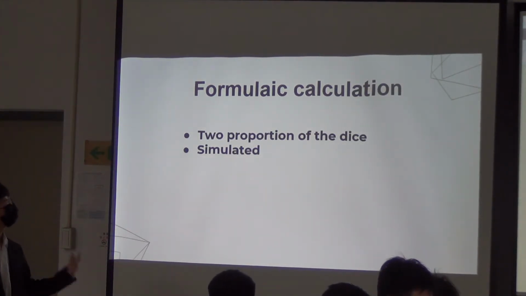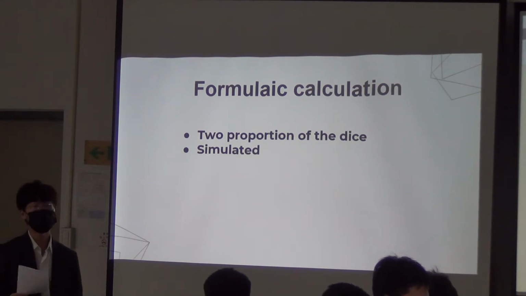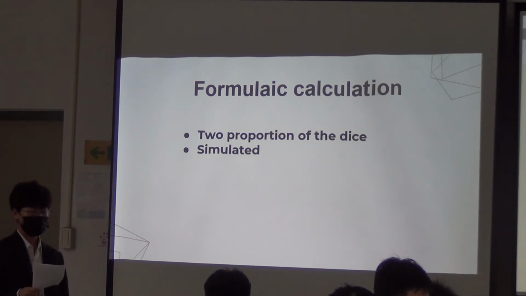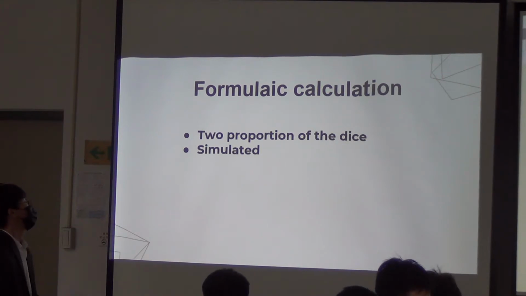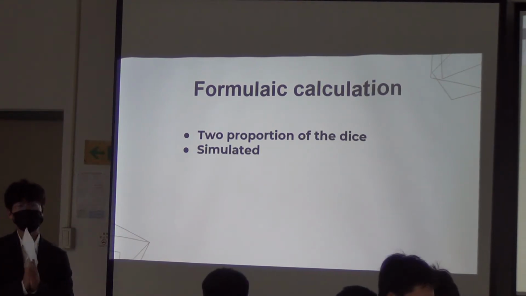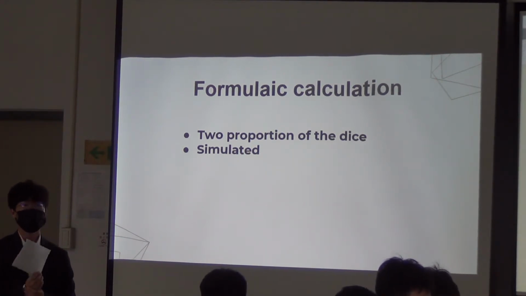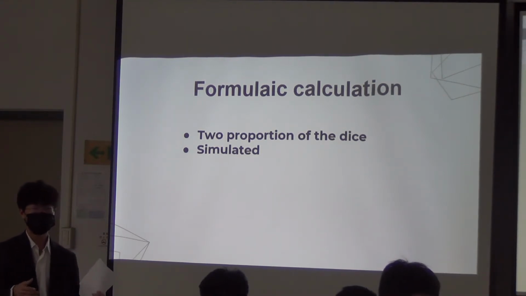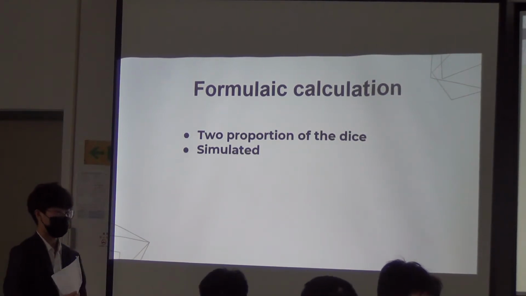Okay, so after the calculations, we get two proportions of the dice, right? So now, what we should do is find a way to verify which one of these two proportions of the dice is the real fair three-sided dice, or whether both of them are real. Because we're talking about probabilities, right? We believe that if we cannot have a massive number of flips of this dice, we cannot have an accurate enough result to our topic.